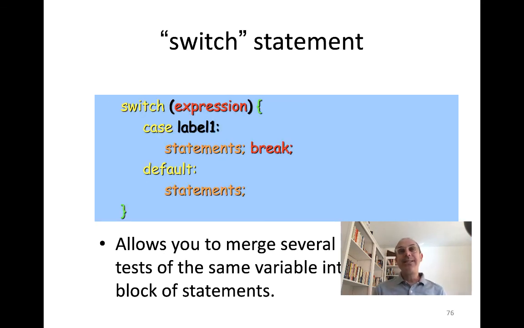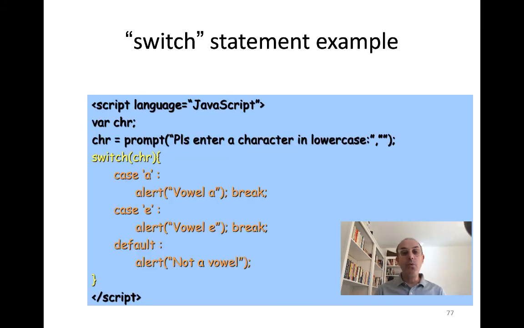The next one is probably the hardest idea, and it is the switch. The switch is the idea that allows us to merge several tests on the same variable into a single block of statements. So again, this is what it will do. I will declare the variable first.